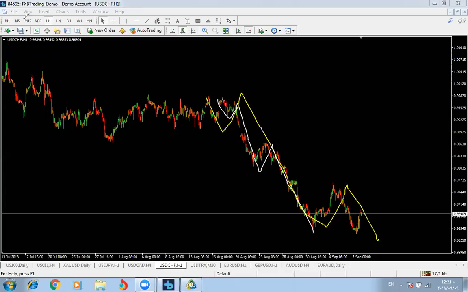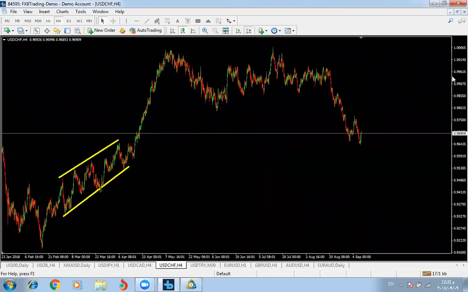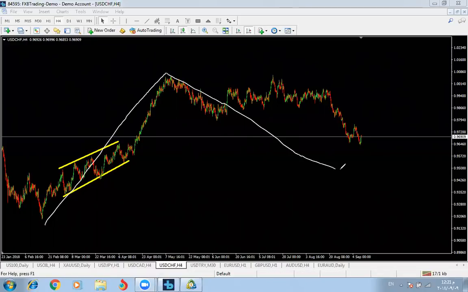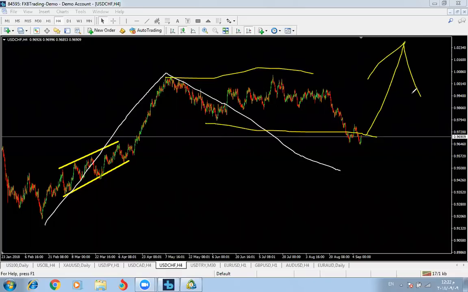Anyhow, our next move should be aggressive to the upside in equal legs. We will show you in detail. This is the whole structure. This is wave A, this is wave B in the form of an expanded flat. So price should move aggressively to the upside.